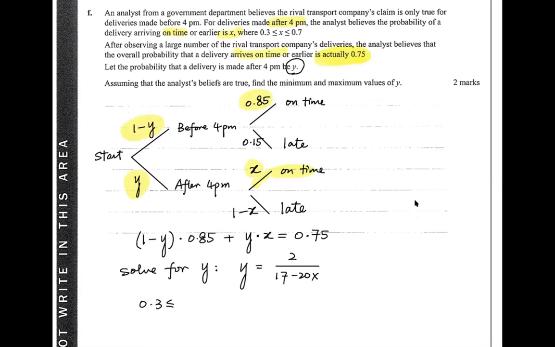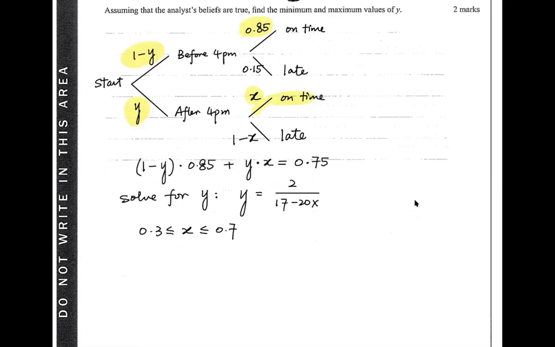Notice that you have your domain restriction 0.3 ≤ x ≤ 0.7. And if I'm not mistaken, the graph should roughly look like that. So this is x equal to 17 over 20. No, the graph should look like this. Just give me one more second. Like that.